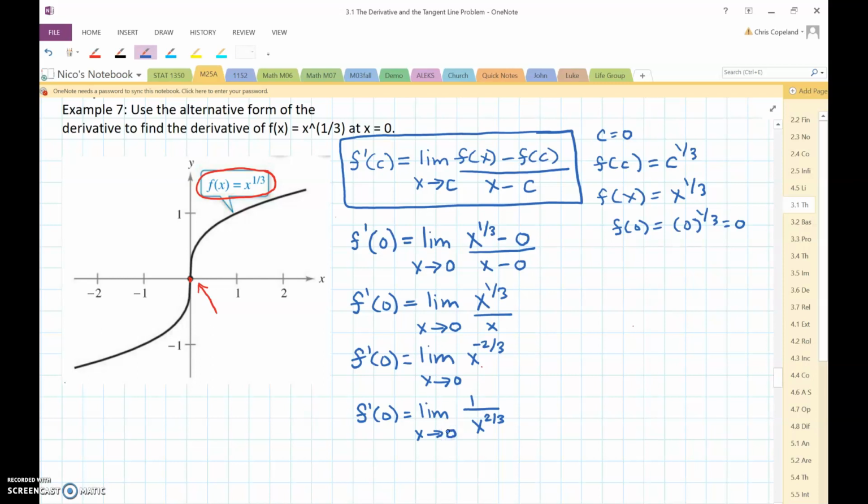Okay? Now we have to do limits coming from the left and coming from the right. So first of all, let's do this limit coming from the right. Coming from the right would be this way. So this would be a very, very small positive number. So if you think of 0.000001 and plug this into this function, this is really the cube root of 0.000001, and then you're squaring that.